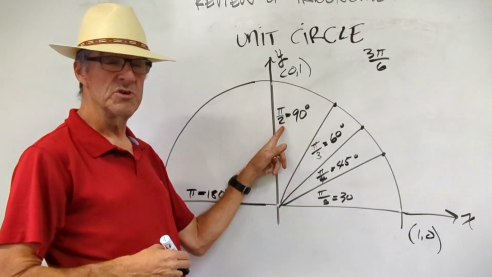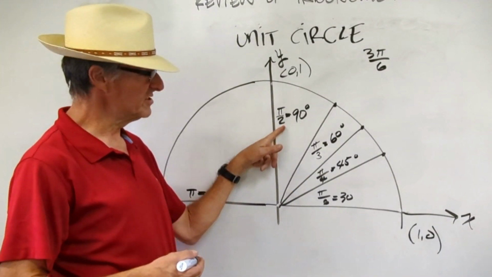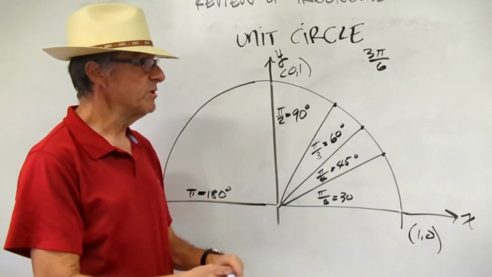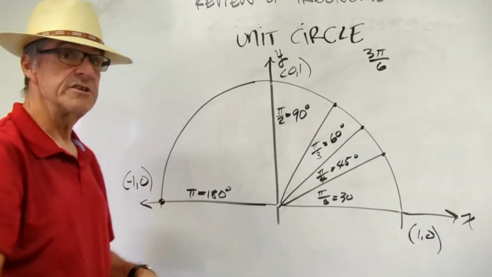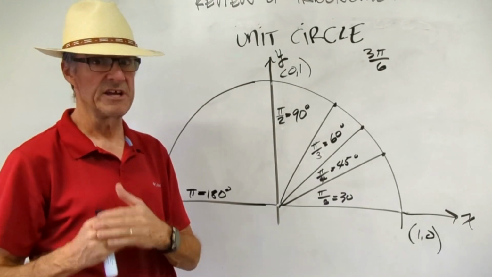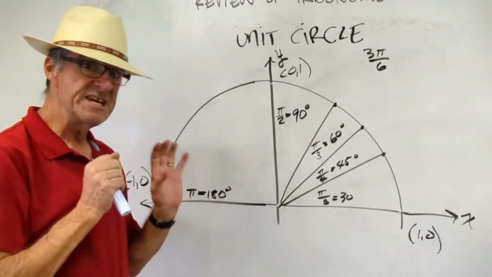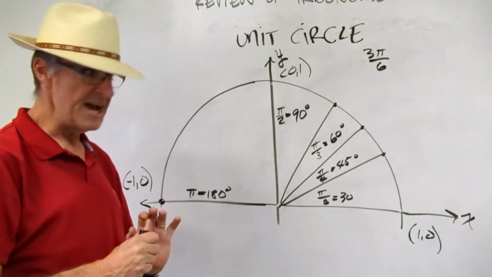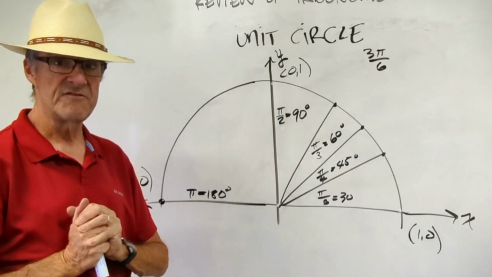And pi over 2 is really 3 pi over 6. So we have 1 pi over 6, 2 pi over 6, 3 pi over 6. And we continue on around the unit circle in 30-degree increments or in pi over 6 increments. So you should be getting pretty familiar with all these different fractions and reducing them down. Now let's take a look at the 45s.